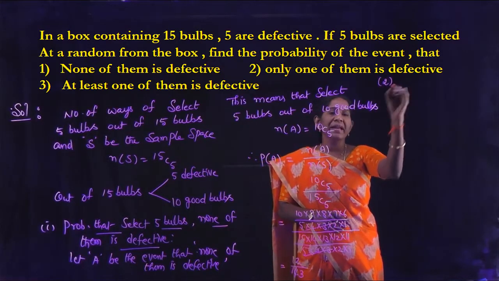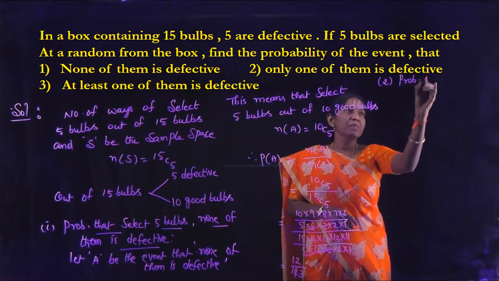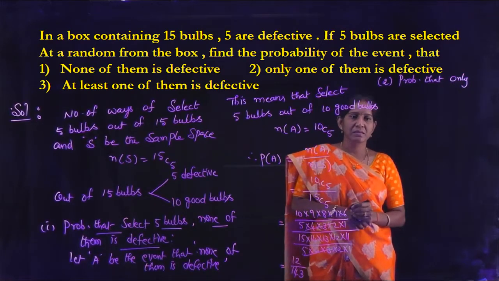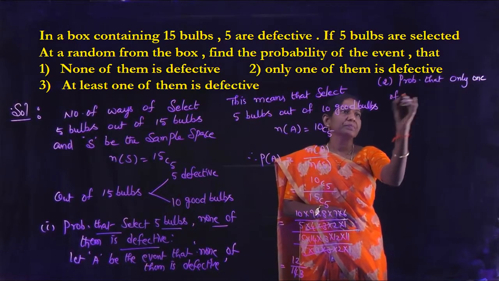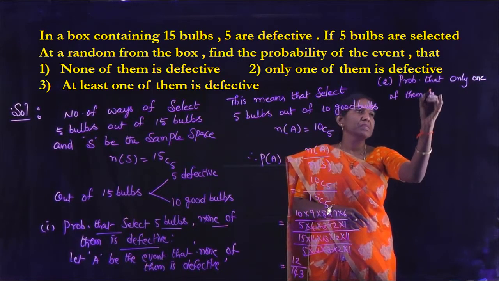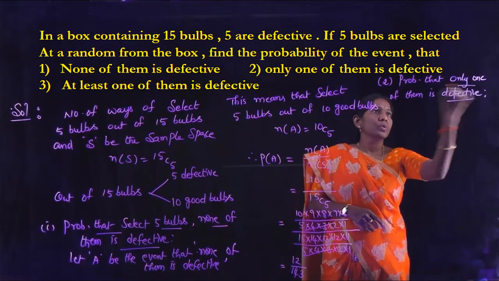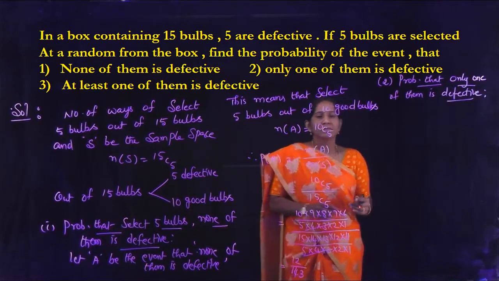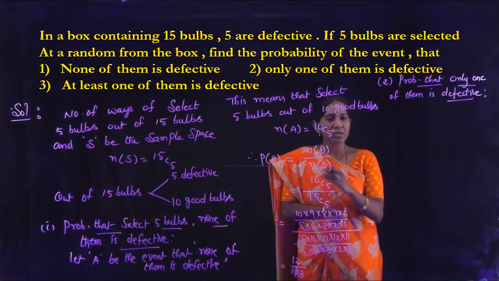Coming to the second one, we have to find the probability that when we select 5 bulbs, only one of them is defective. So we select one bulb out of the defective bulbs and the remaining 4 bulbs out of the good bulbs.